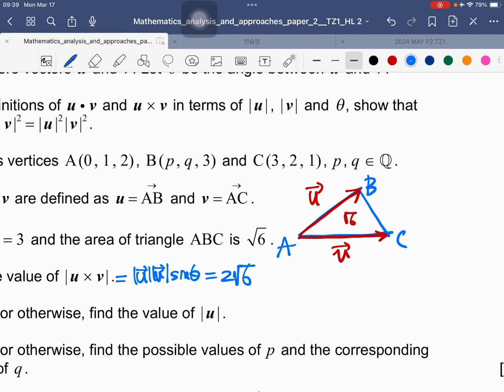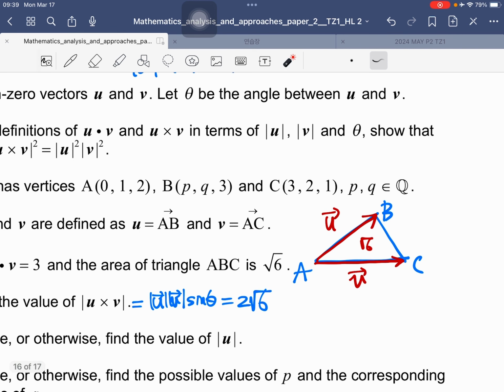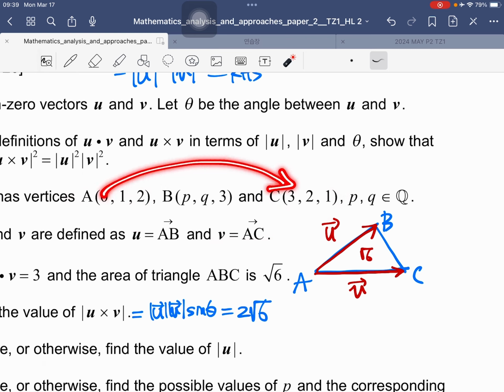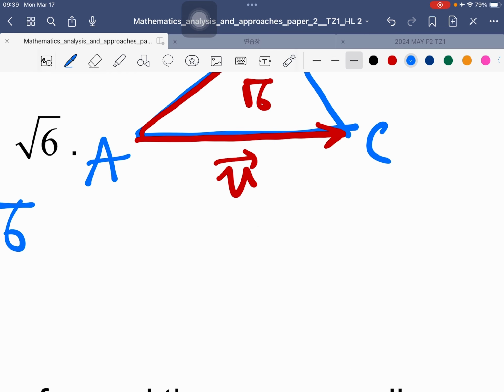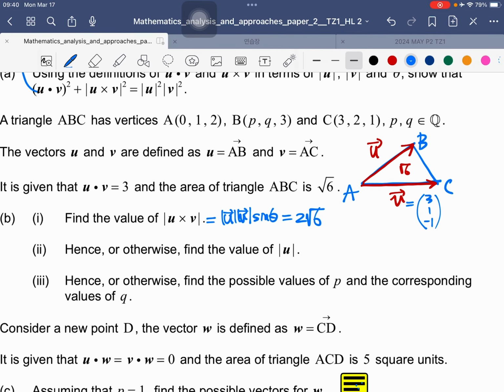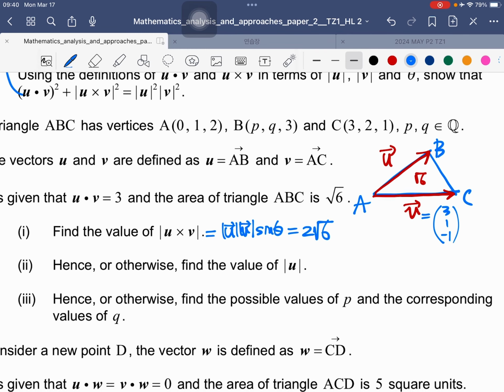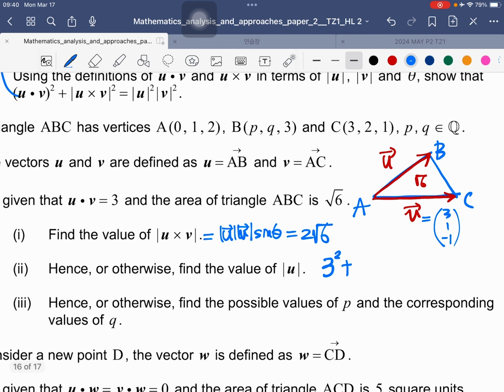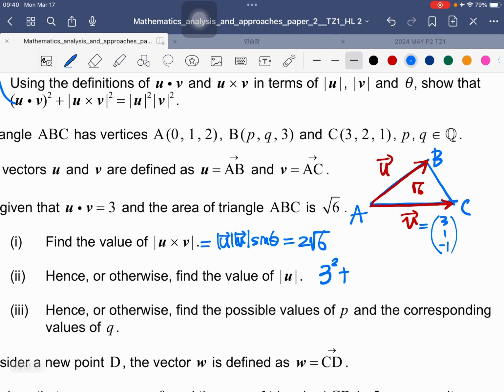So the v vector is defined from A to C. So from point A to point C, the v vector. We can see x is increased by 3, y by 1, z by -1, right? The v vector is (3, 1, -1). So put all this information into that equation, and we get u dot v squared, which is 3 squared, plus the absolute value of u cross v squared, which is 2 square root of 6 everything squared.